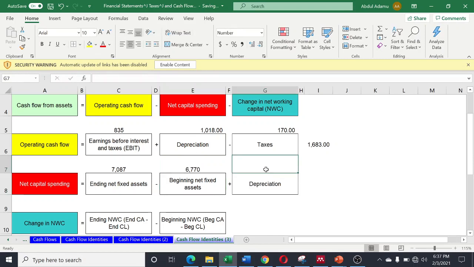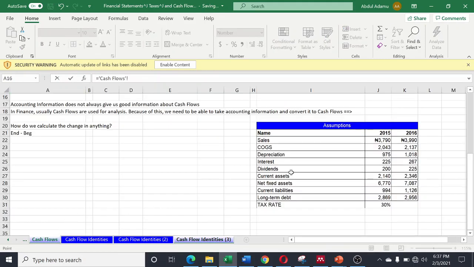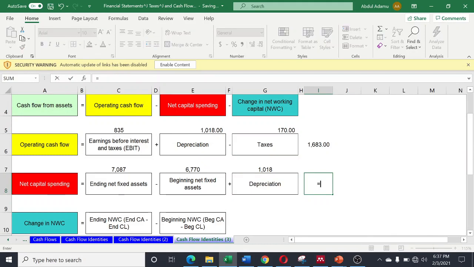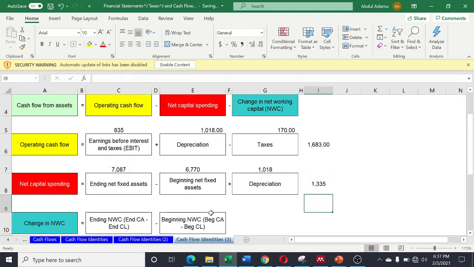Our depreciation value is this. So let's do our computation. This is this minus this plus this. So that is our answer.